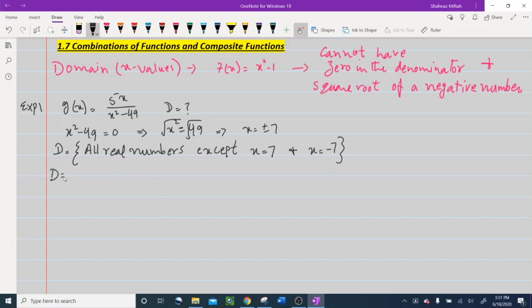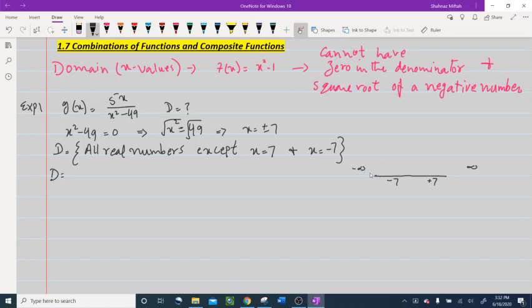Or you can say the domain is equal to, but before I give you this notation, I want to draw a number line. This is negative 7, that's positive 7. This is negative infinity and this is positive infinity.